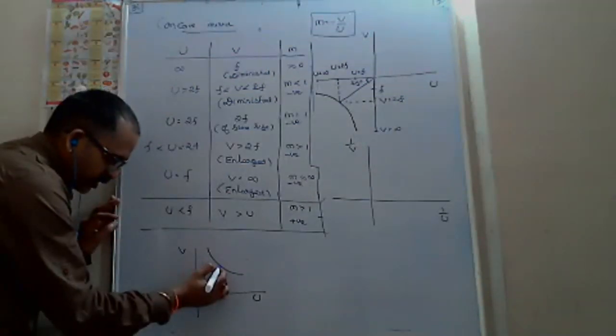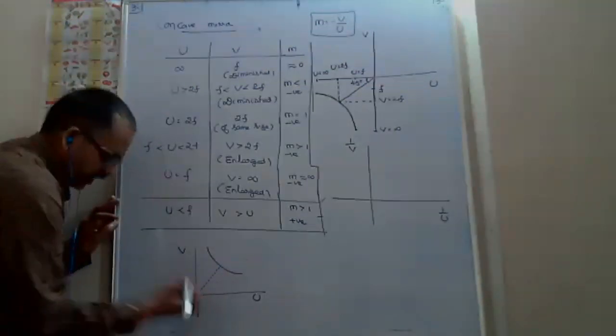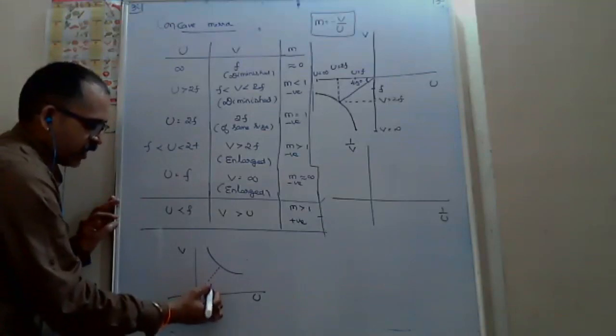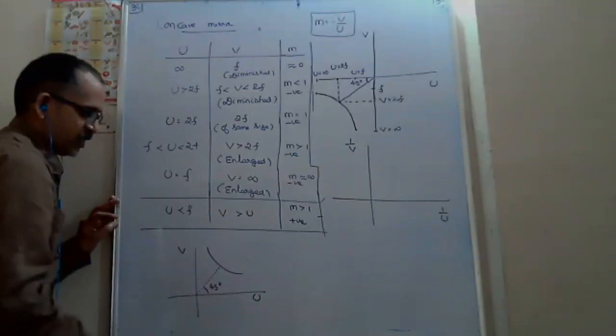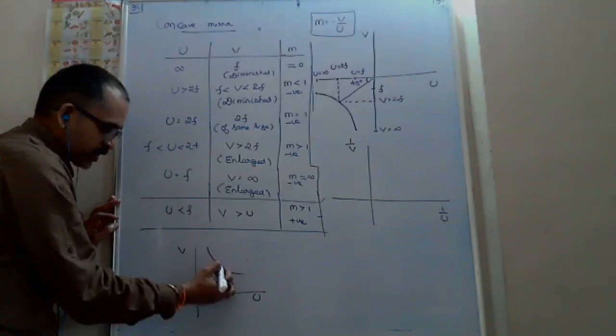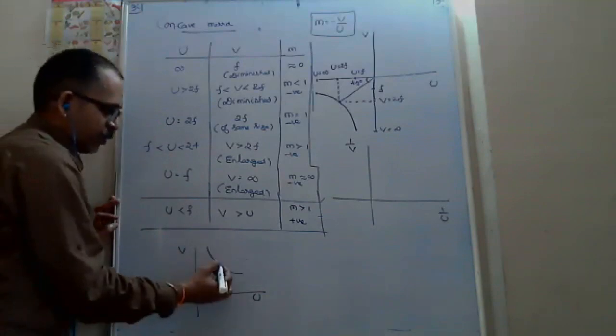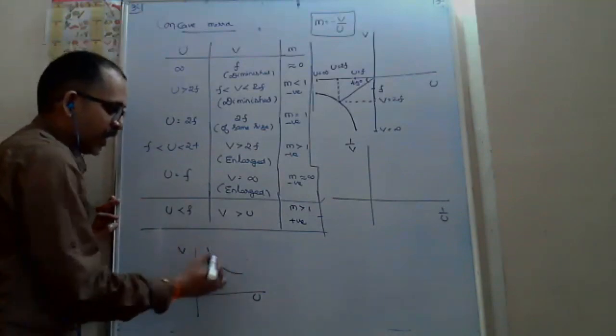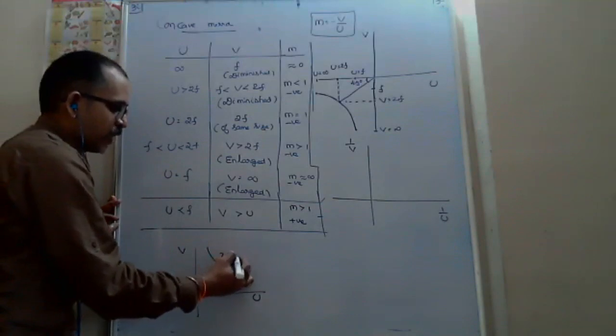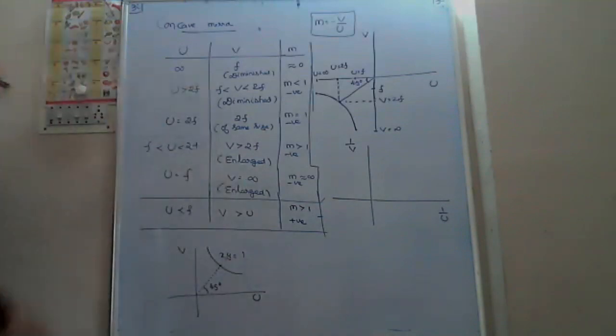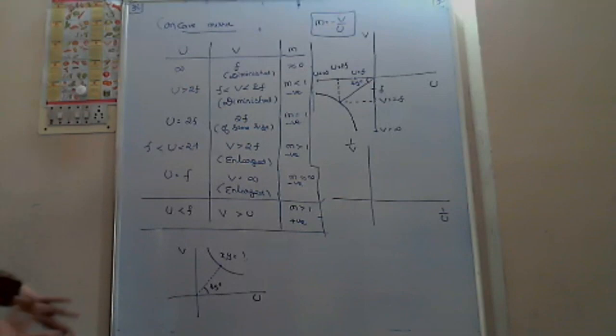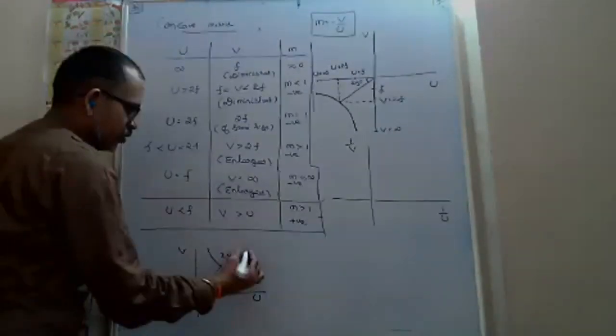There what they ask: if I draw a line here making an angle of 45 degrees with the x-axis, then it meets the rectangular hyperbola at what coordinates? What are the coordinates of that point? 2f comma 2f. That's it, x comma y equal straight away.